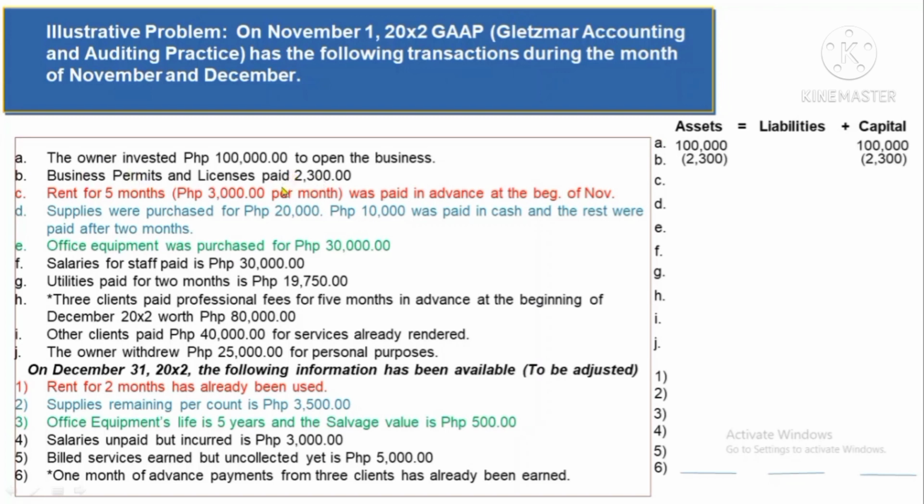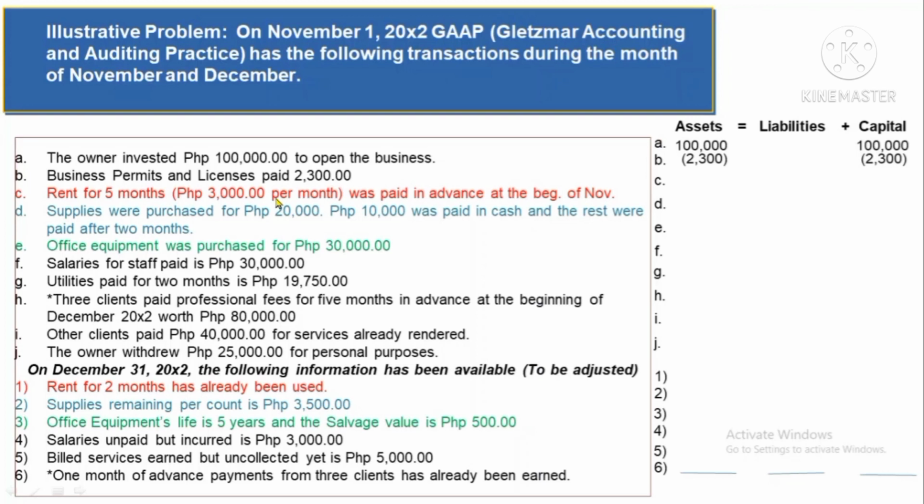While on letter C, the rent for 5 months, which is 3,000 per month, so all in all we have to consider 15,000, was paid in advance at the beginning of November. This is a deferred expense because it is an advance payment where we did not consume the benefit yet. So here, the cash will be decreased by 15,000.